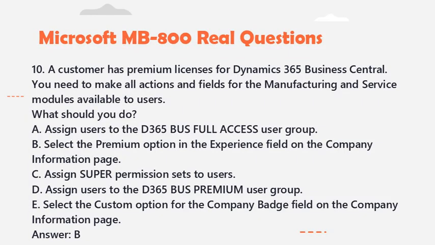B. Select the Premium option in the Experience field on the company information page. C. Assign super permission sets to users. D. Assign users to the D365 Bus Premium User Group. E. Select the Custom option for the Company Badge field on the company information page. Answer: B.